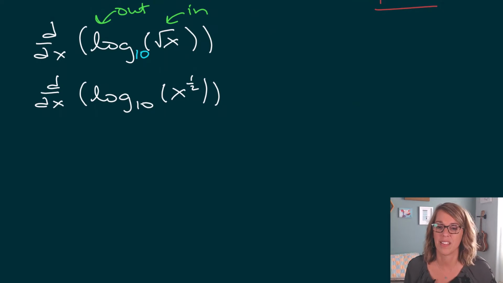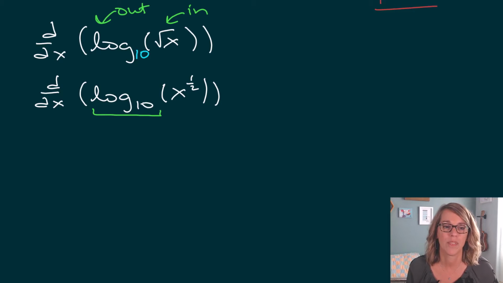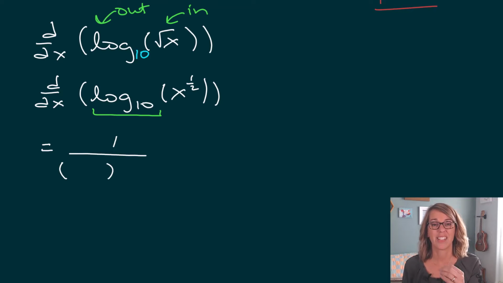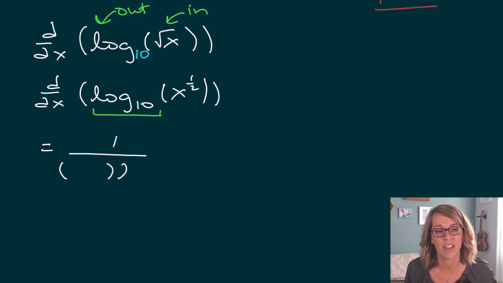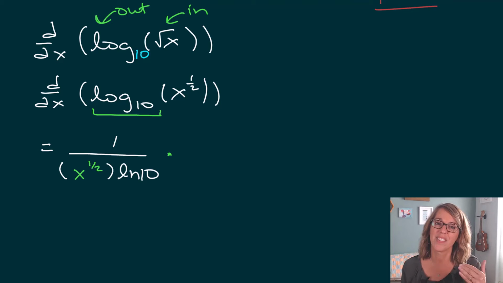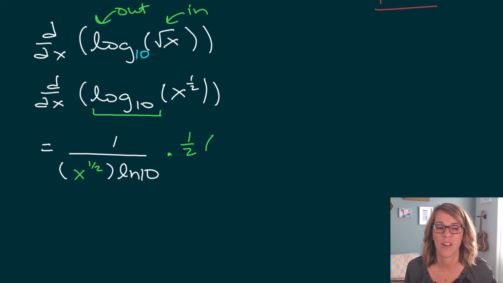So we end up with doing the derivative of our outer function first. The derivative of log base 10 is 1 over whatever is on the inside times the natural log of our base. So I've got that fudge factor, ln of 10. What was inside is an x to the 1/2 power. I'm going to chain on the derivative of the x to the 1/2 power. 1/2 comes out in front, and I get an x to the 1/2 minus 1.